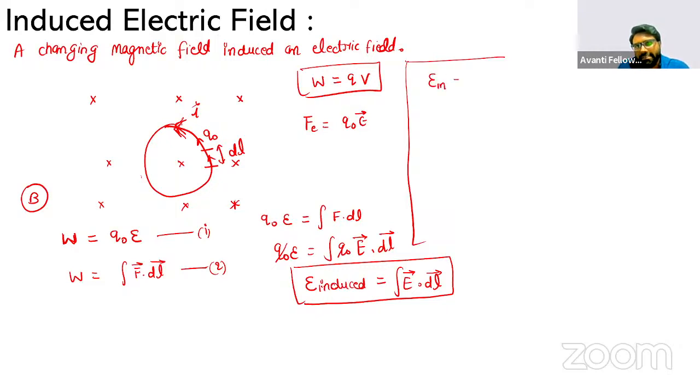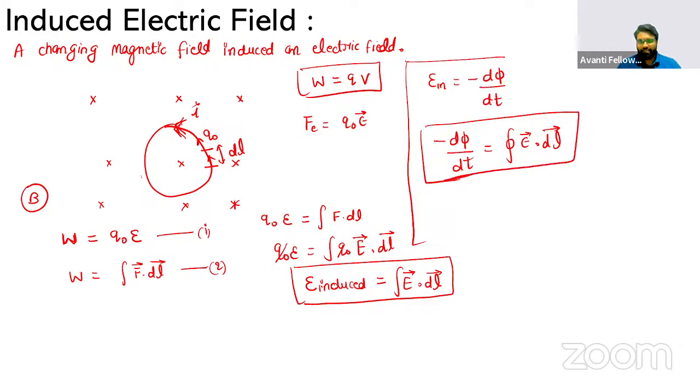EMF induced is nothing but minus d phi by dt, change in flux over time. Minus d phi by dt is equal to the closed integral of E vector dot dl. बहुत इंपॉर्टेंट फॉर्मूला है, learn it. ठीक है. तो देखो, by the change of magnetic flux, which is the change of magnetic field, will lead to the generation of electric field. But here if you will see, this particular electric field is making a closed curve.